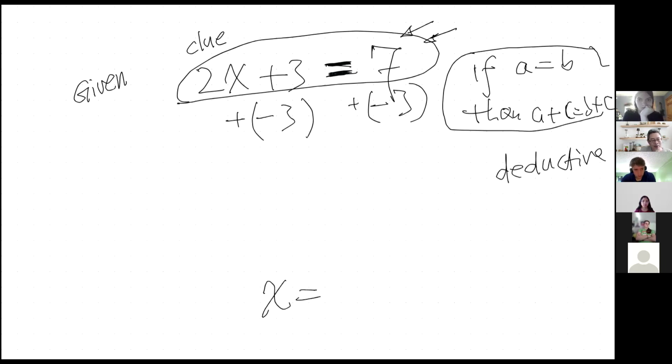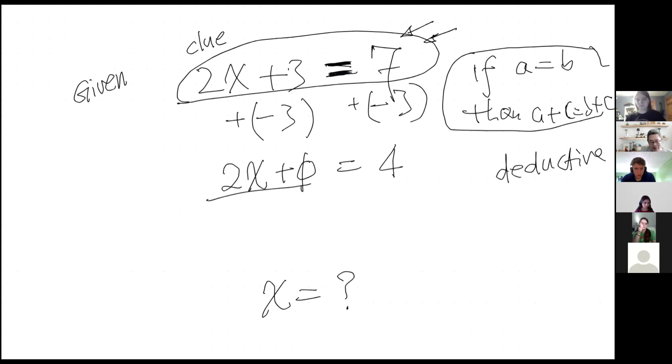So the 3 has to go, and the 2 has to go, but we have to play by the rules. We can't just take them away. By playing by the rule, we subtract 3 on both sides. Then this side we get 2x plus 0, and this side we get 4. And we know 2x plus 0 is just 2x.